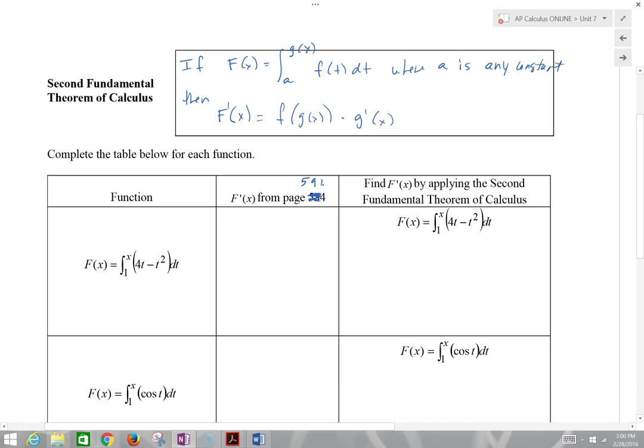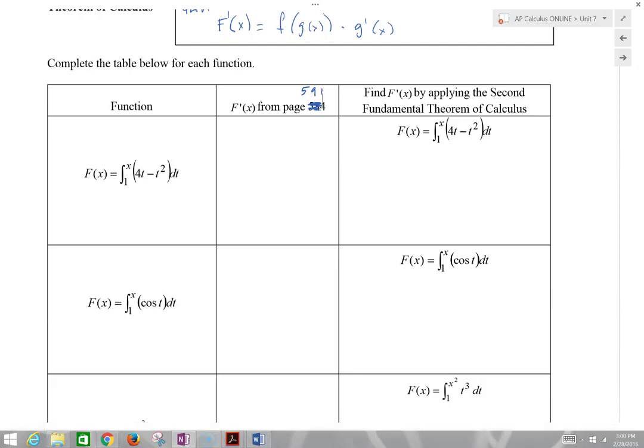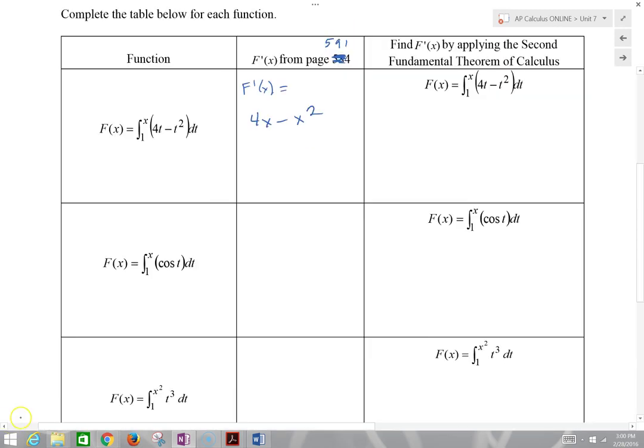So we're going to complete this table. We're going to do what it's asked and then also what we did. So for F of x from the previous page, for the first one, we had F prime of x is equal to 4x minus x squared.